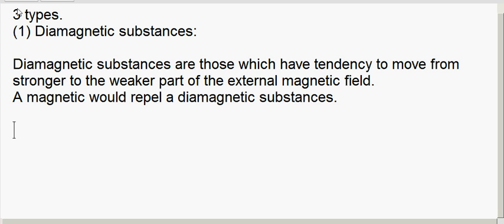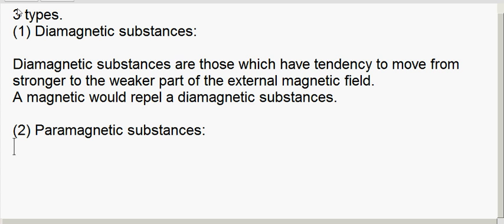Next is paramagnetic substances. Dia, para and ferro. Paramagnetic substances are those which get weakly magnetized when placed in an external magnetic field. So unlike diamagnetic substances, which you cannot magnetize, paramagnetic substances can be weakly magnetized.